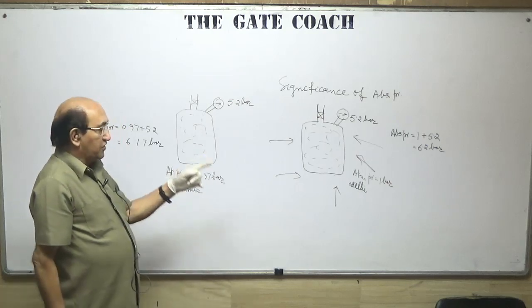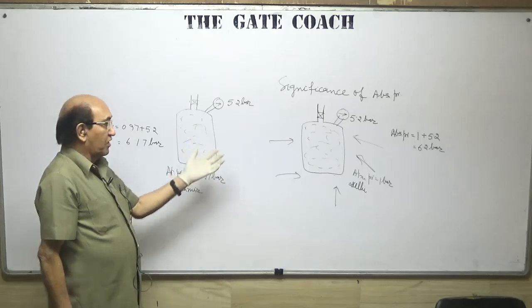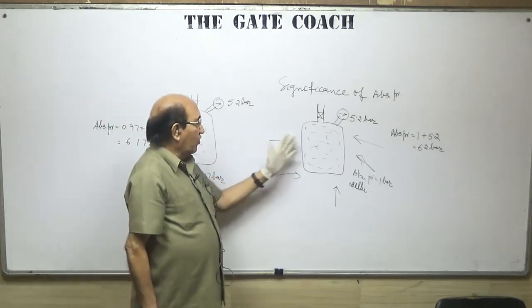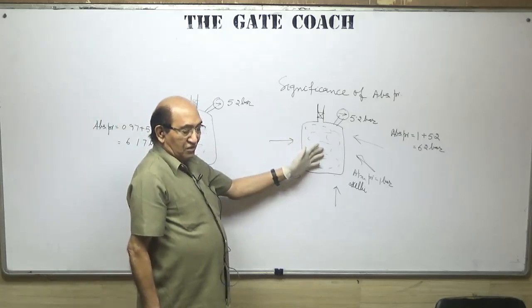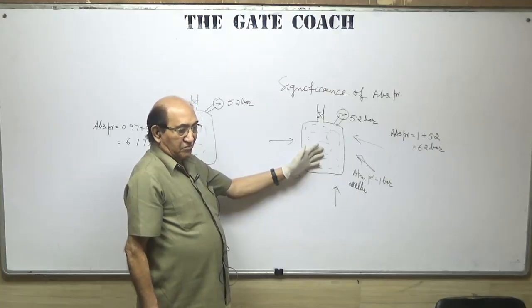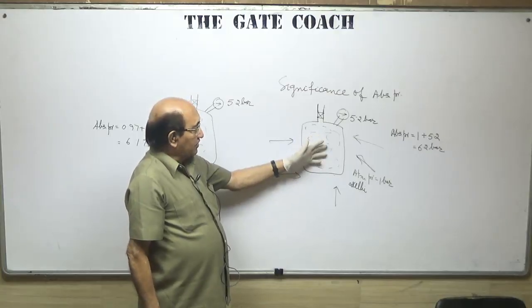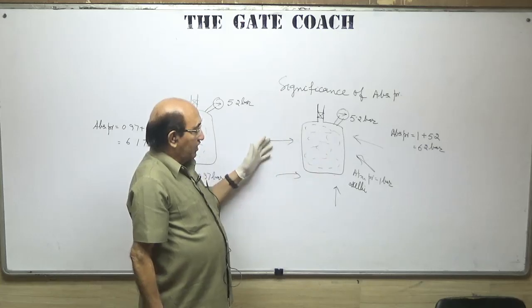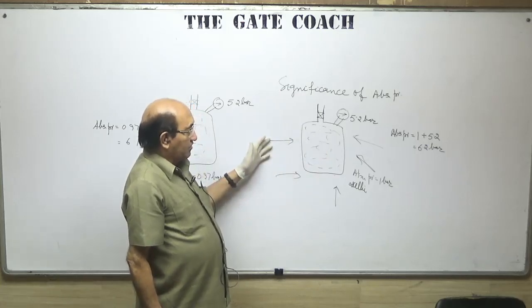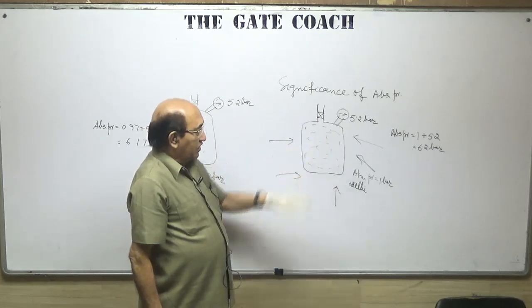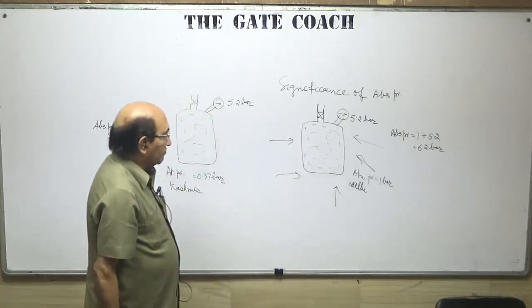Atmospheric pressure has to be taken into account, which is acting over and above the given system. System pressure was 5.2, 1 was atmospheric pressure over it, absolute has become 6.2.